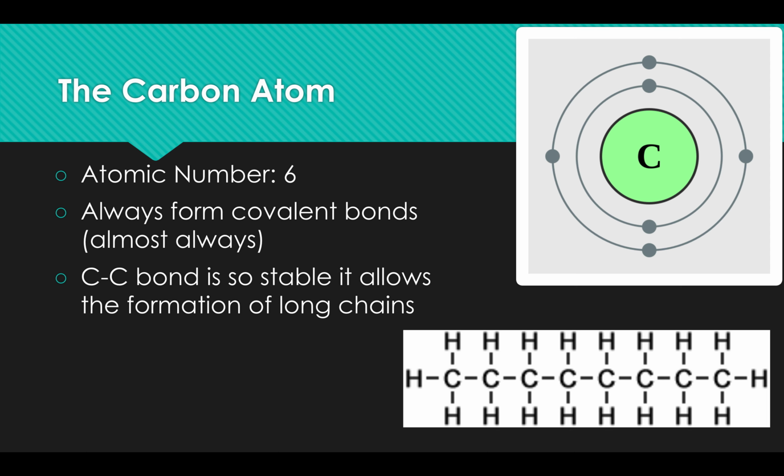So a carbon-carbon bond is so stable that it allows the formation of long chains or even rings. So you'll see down there, let me see, that's 1, 2, 3, 4, 5, 6, 7, 8. That would be C8H18. I'm not sure what that compound is called, but that would be the formula. And each little line represents a covalent bond of them sharing a pair of electrons.